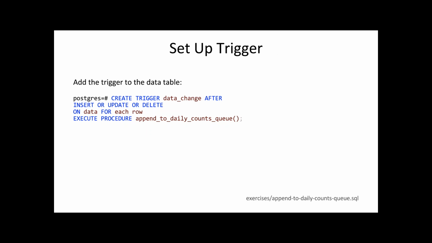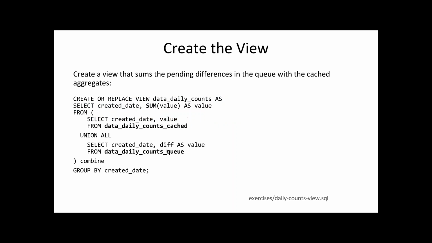So the second last step is to add a trigger to the table. So now we can actually do inserts, updates, and deletes. And then whenever there's one of those queries, we append to the queue table, and periodically that calls the flush function. So the last step is actually to create the view that does the summing of the cache table and the queue table.